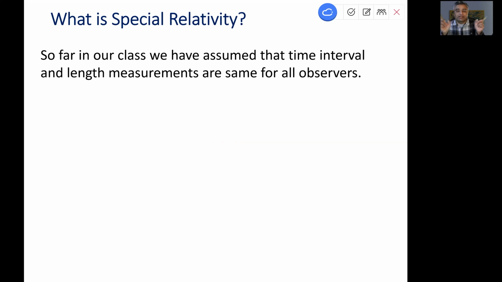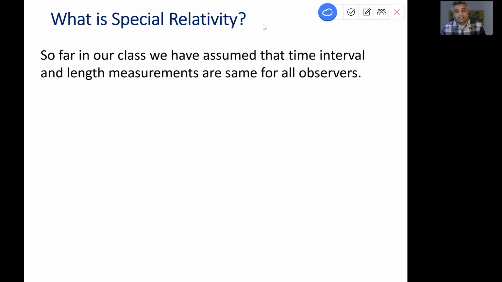If we are in relative motion, that means we are moving with respect to each other. So for example, if you are riding a car and I'm standing on the road, and we were to measure the length of the same thing in two different frames, what happens? So far we assumed it's not going to change.